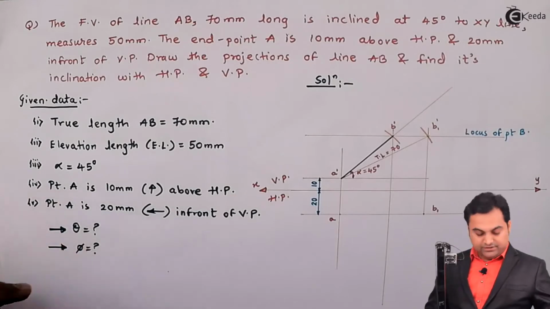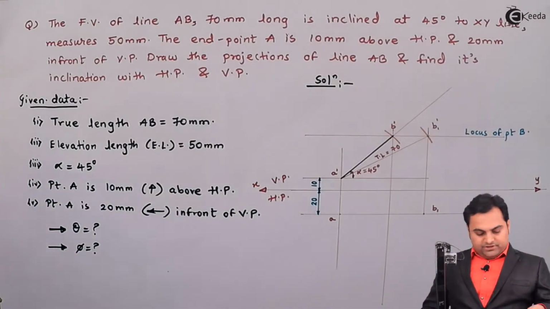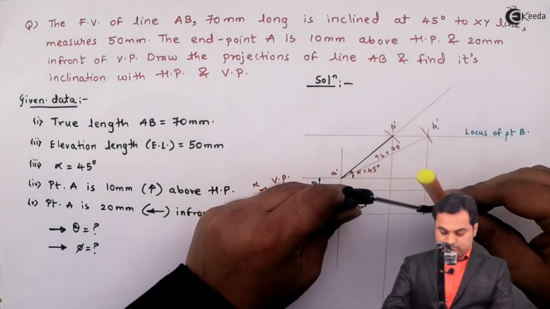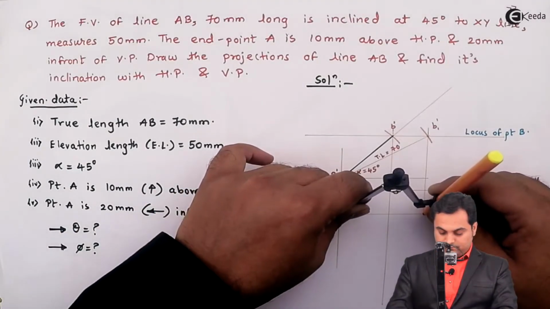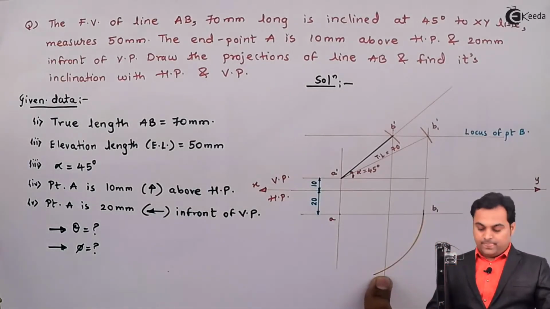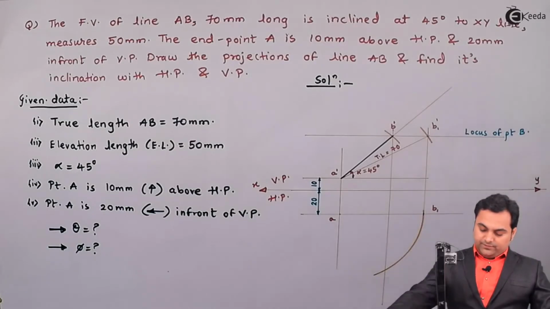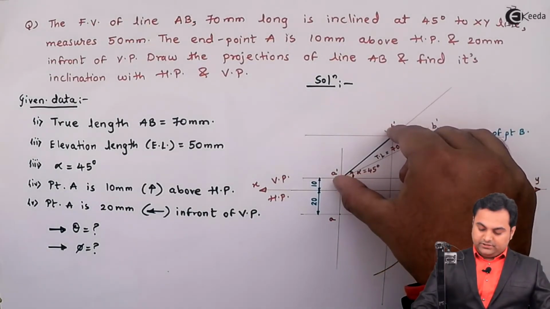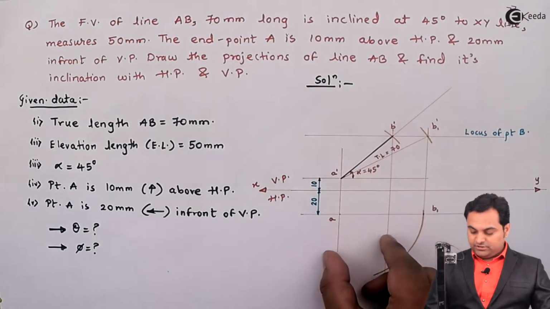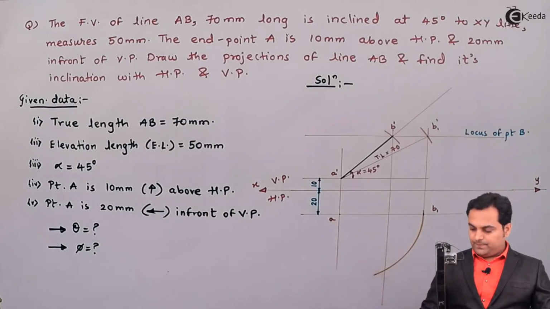Then measuring the distance B1 from A. So here I am measuring the distance from A to B1, so that it is cutting this line which is passing through B dash. It means wherever the apparent length in the front view is there, between that same projectors there should be the apparent length in the top view as well.